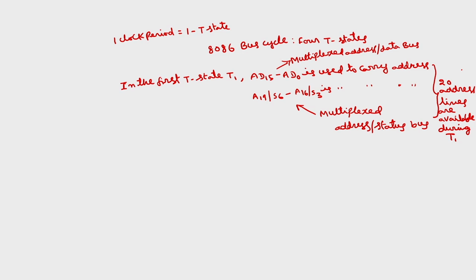The second step is you have to generate the control signals, then the next step is you have to transfer the data.